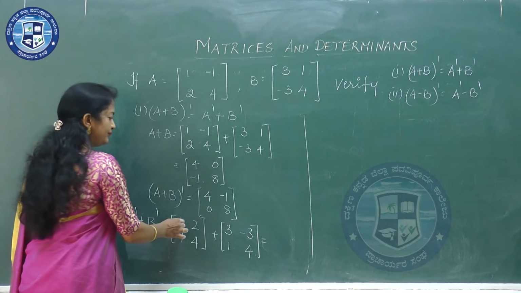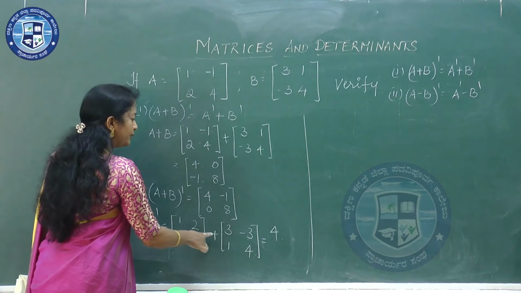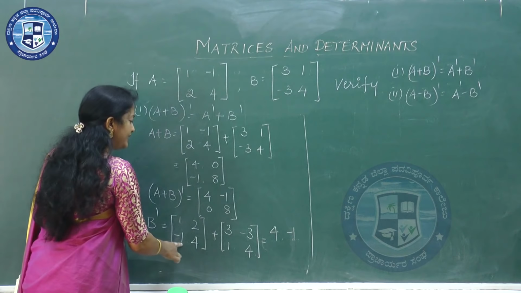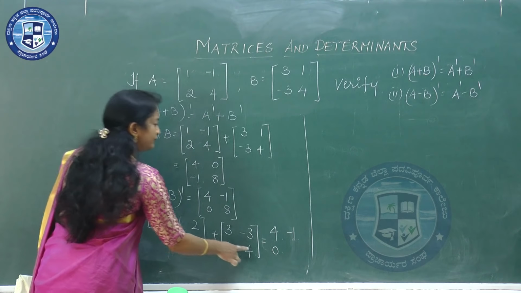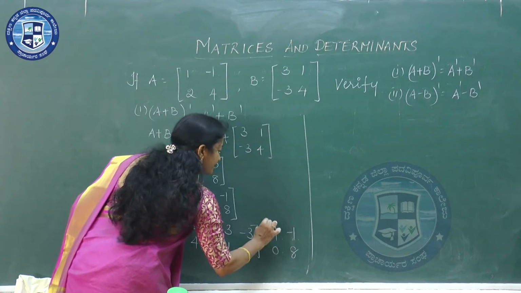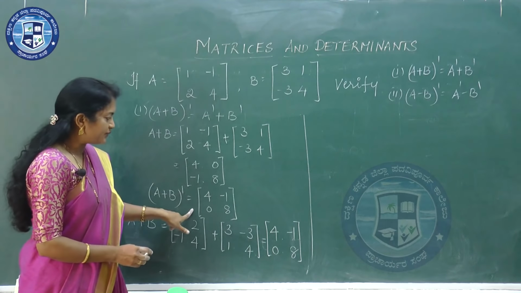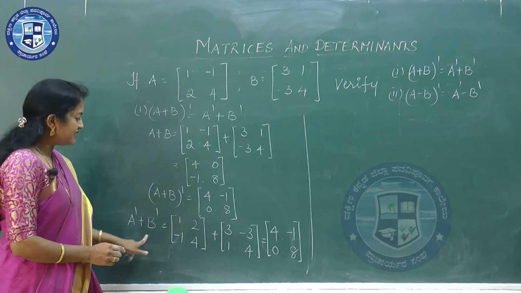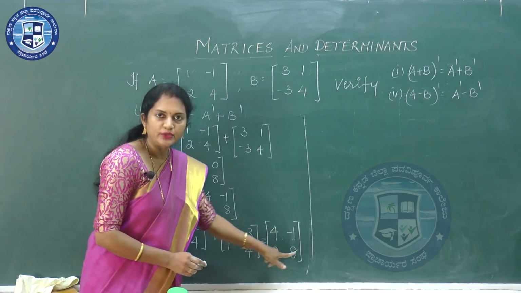So this one is equal to A transpose plus B transpose. We add these two. 1 plus 3 is 4, 2 plus -3 is -1, -1 plus 1 is 0, 4 plus 4 is 8. (A plus B) whole transpose is [4, -1; 0, 8]. A transpose plus B transpose is also [4, -1; 0, 8].